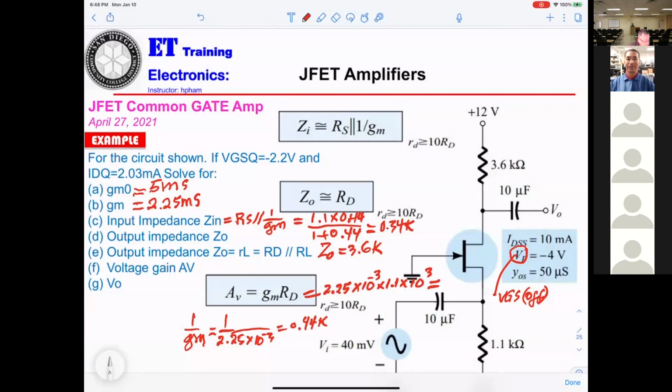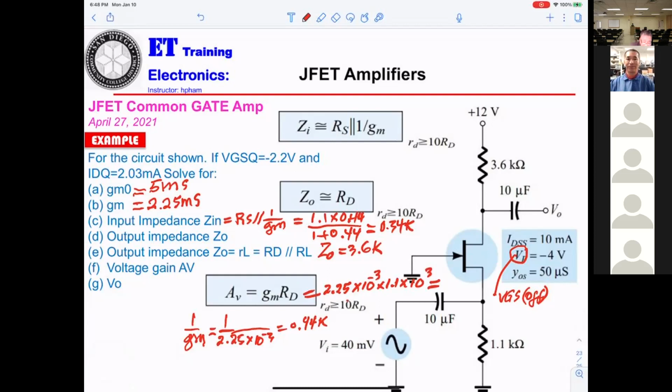Mr. Pham, shouldn't RD be 3.6? AV, is it 2.25 times 10 to the minus 3 times 3.6? Times 1.1, right? No, 1.1 is the source, isn't it? Oh, okay, let's see. AV is GM times RD, sorry.